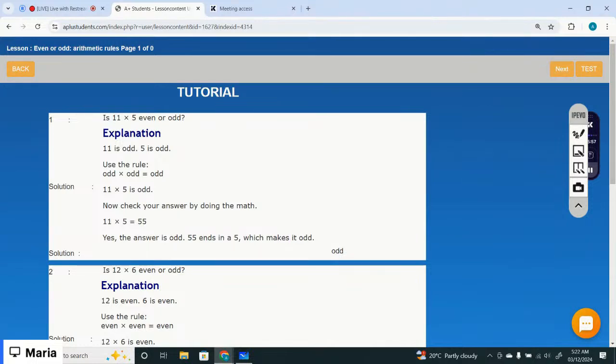Even numbers are the ones that can be evenly divided by 2, and odd numbers are the ones that cannot be divided by 2. So 11 is not divided by 2, and same 5 is not divided by 2. So odd numbers 11 and 5, both the numbers are odd.